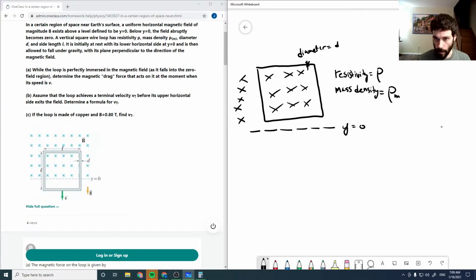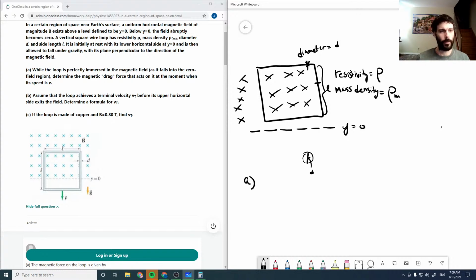So if I take a cross section and draw it out, then it has a diameter of d, and the side length is L. Okay, so A is an easy one to answer.